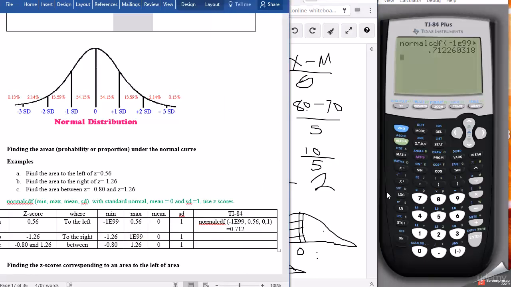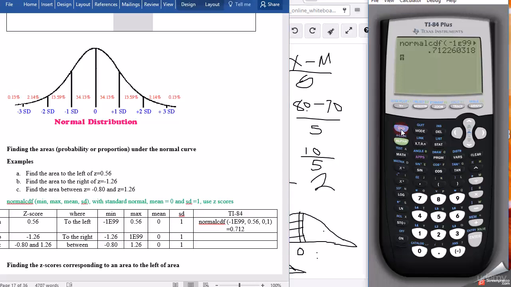So we're going to do the same thing. We're going to go to second VARS, and we're going to select number 2. And now we are starting from the z-score to positive infinity. So our minimum is going to be -1.26.